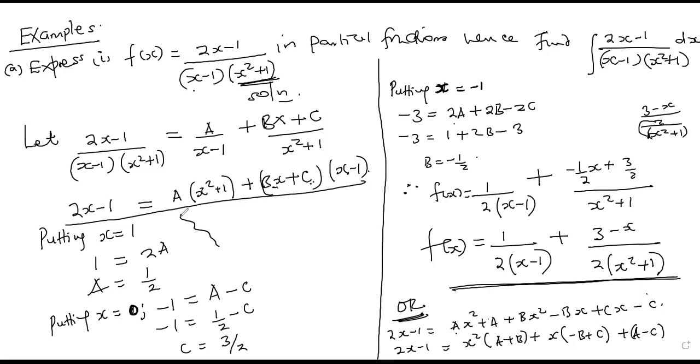Allow me to use this side. So if we equate coefficients for x squared, this side we don't have anything. For x squared, this side we have 0. There is no coefficient, so it will be 0 is equal to, this side we have a plus b.